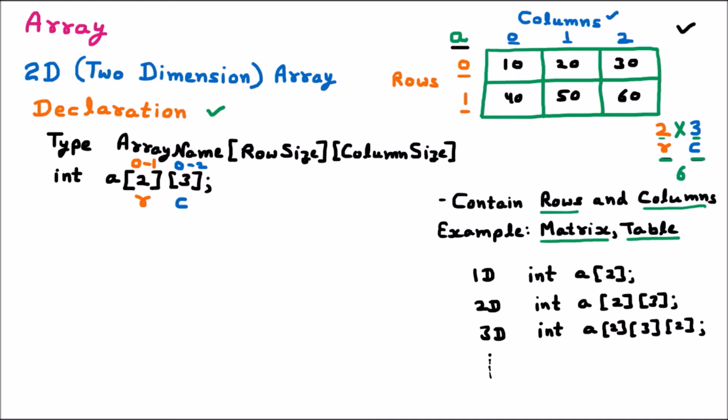We know that an array is a sequential memory allocation. So how is this memory allocated in the system? We can see that here the first block, which is 0, 0, is the first block. That block address will be 300.